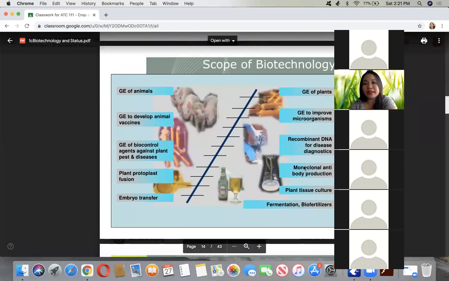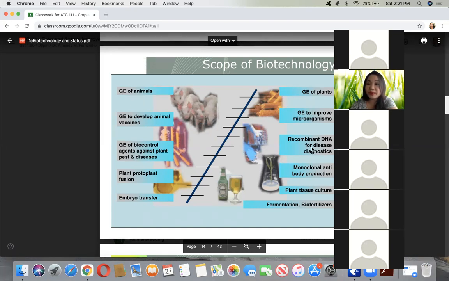So the scope of biotechnology involves the genetic engineering of animals, developing animal vaccines, so kasama na dyan ang COVID vaccine, and biocontrol agents against plants, pests, and diseases, plant protoplast fusion, where a mutation occurs, embryo transfer for animals, engineering ng plants to improve microorganisms.